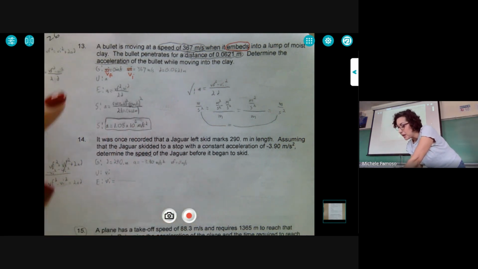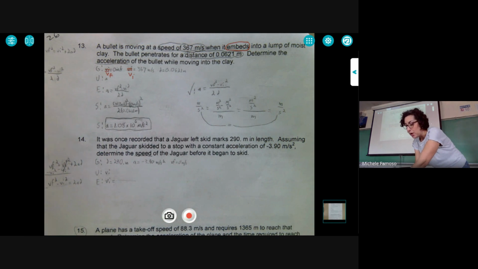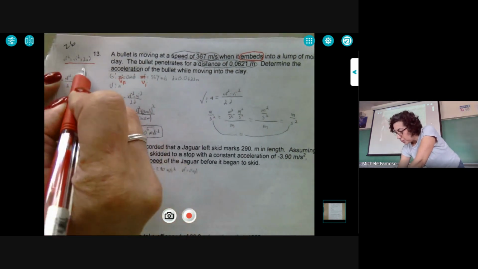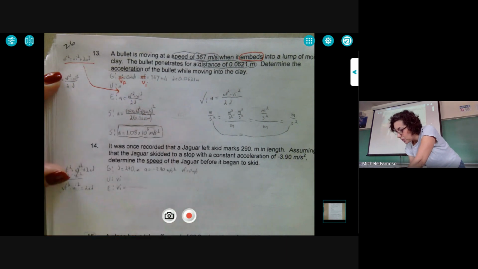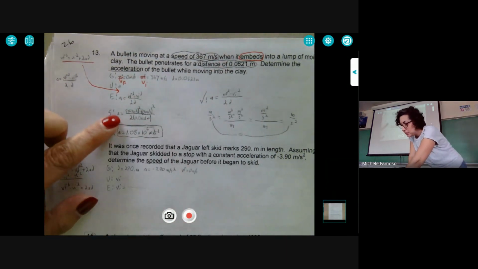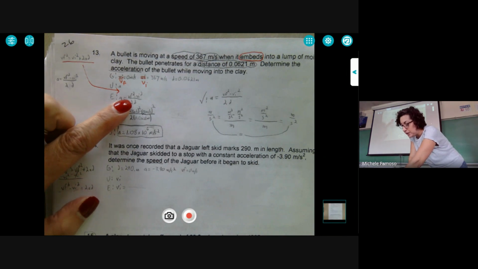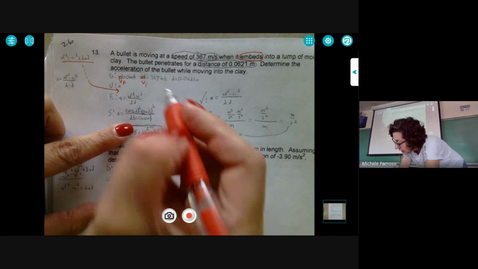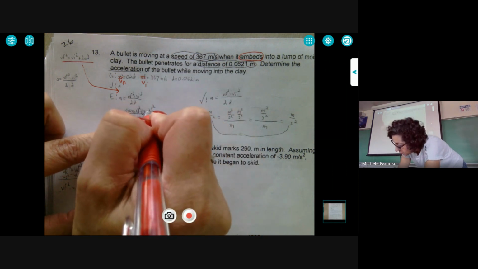All right. The other thing I don't see is, well, here it is. It's over here. You have to show that for your equation step. That should go there. VF squared is VI squared plus 2AD. So then the equation for A, which is VF squared minus VI squared over 2D. Now he's going to plug in. So these are reversed.